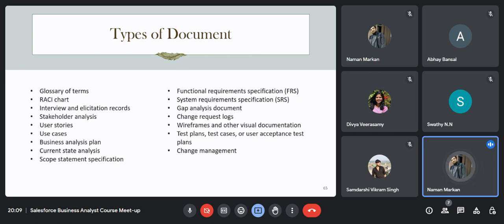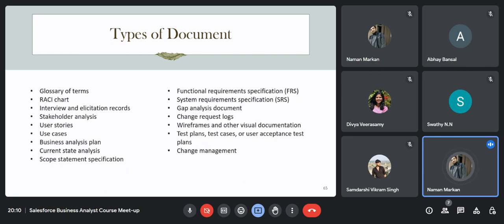So I was talking about the slide we discussed previously, that there are many types of documents related to the business analyst, and from today onwards we will be looking into those documents one by one. Project documentation is one of the key responsibilities of a business analyst, who has to prepare and manage those documents related to the project life cycle, or in simple terms, PLC.